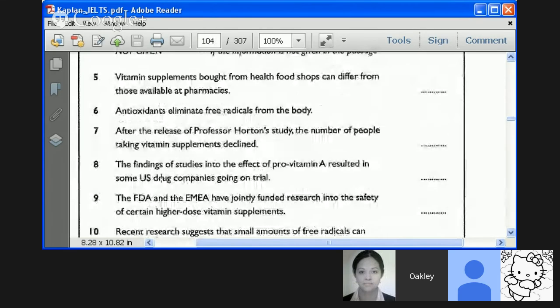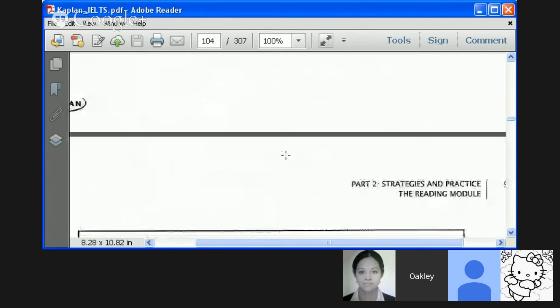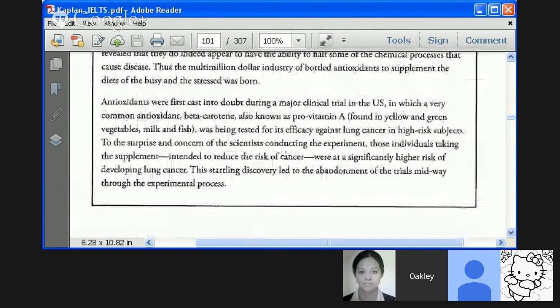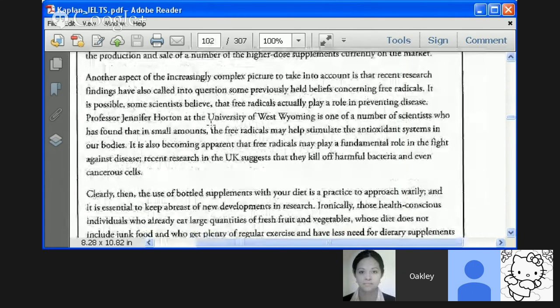Okay. Well, the trick here, of course, we have to understand. The number of people taking vitamin supplements declined. Is that true or false, or even false? Actually, I see nothing whatsoever about how many or how few, or even about people, period. There's just nothing about consumers taking antioxidants after.